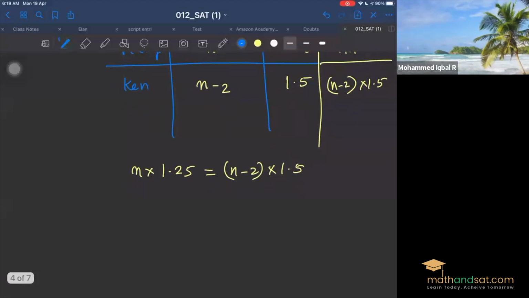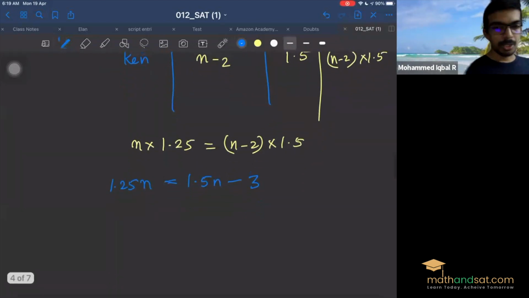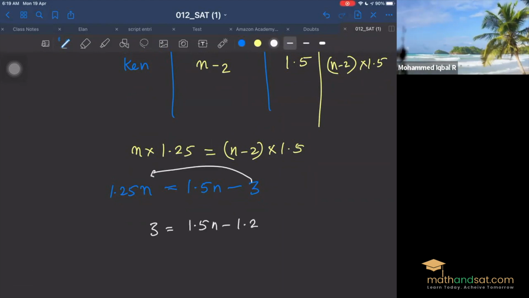Yeah. So we have n times 1.25. So it's 1.25 times n is equal to 1.5 times n minus 2 times 1.5, which is 3. Right? So you just bring 3 to the other side. So we have 3 is equal to 1.5n minus 1.25 times n.